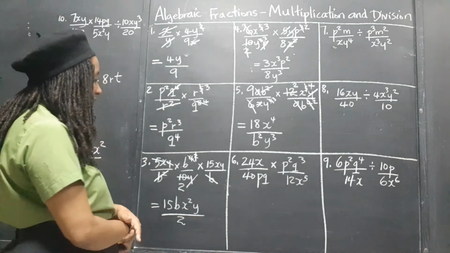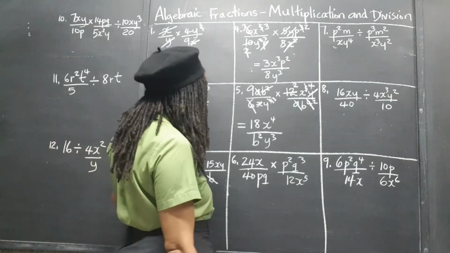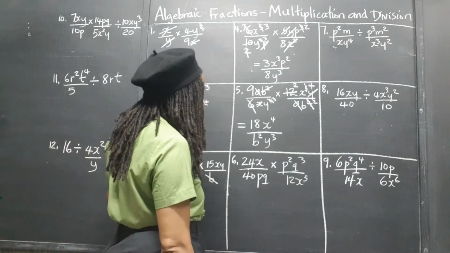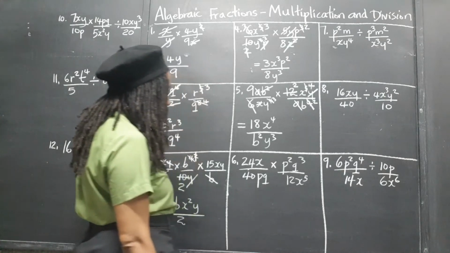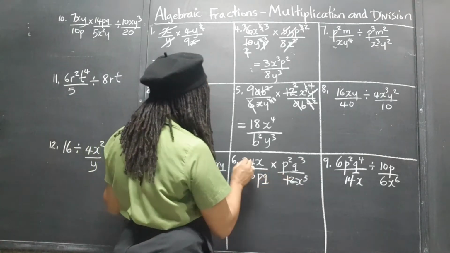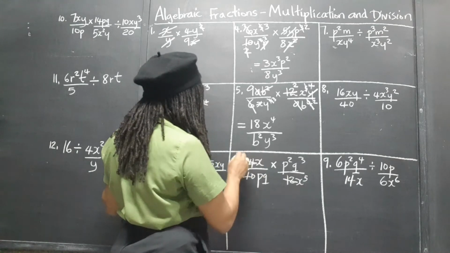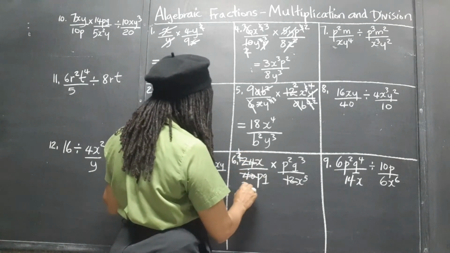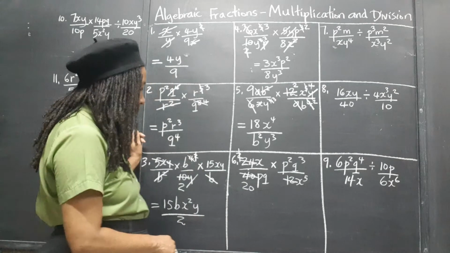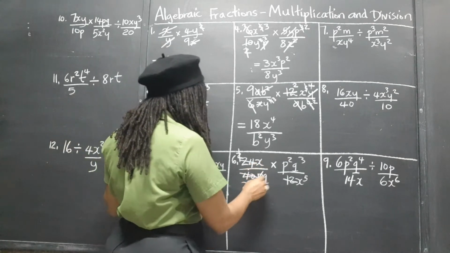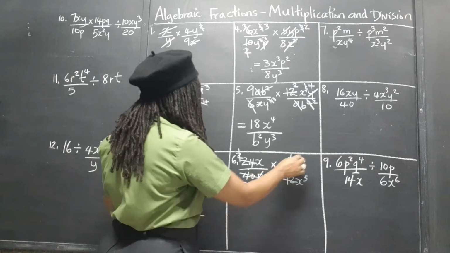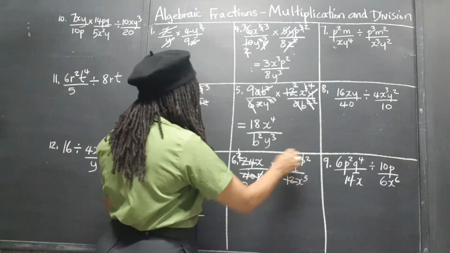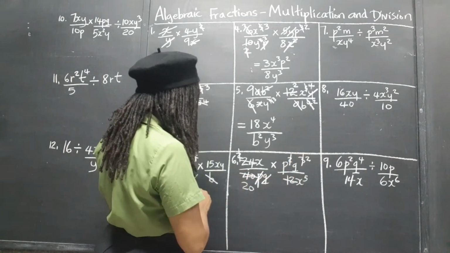Alright, 24x over 40p cubed times p squared q cubed over 12x to the 5th. In terms of coefficients, the 12 can go into the 24 twice, and 2 can go into 40 20 times. This p will take 1 out of that p squared. This q will take 1 out of the q cubed, leaving q squared.